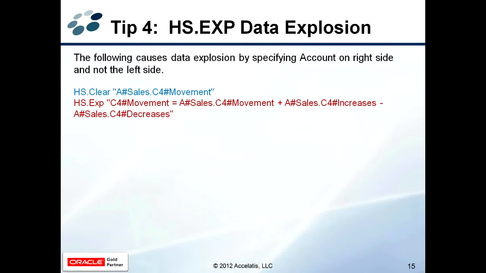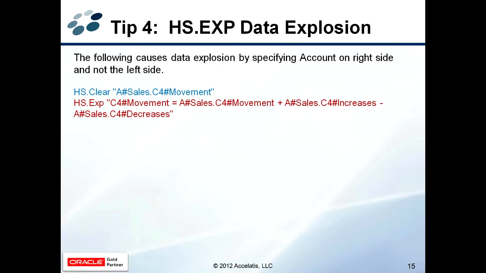Now, one caveat of HS.EXP, if not used wisely, is that it could result in data explosion. In this case, look at the line in red where it says HS.EXP, custom for movement. I'm copying data from account sales, and I'm doing some calculations. So I'm saying custom one movement plus increases minus decreases and putting them into custom one movement.